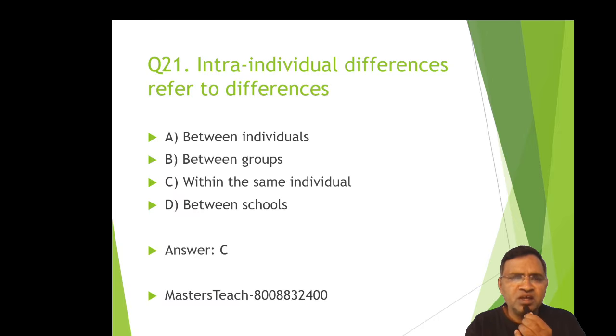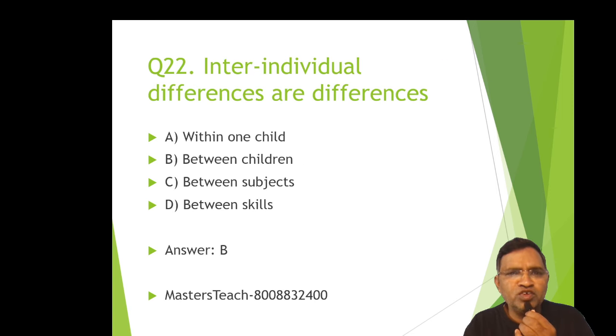Intra-individual differences refers to differences A, between individuals, B, between groups, C, within the same individual, D, between schools. The answer is within same individual. Intra means within the individual. Inter means between the individuals. So the answer is C, within the same individual.